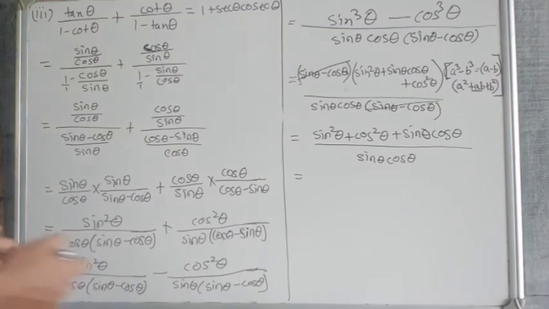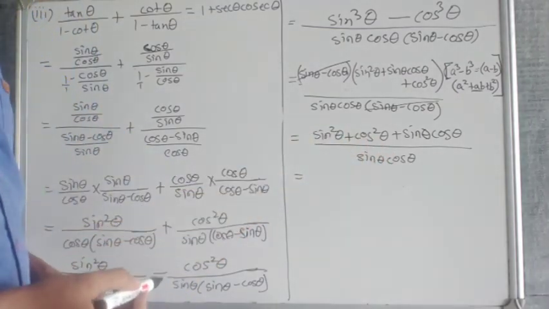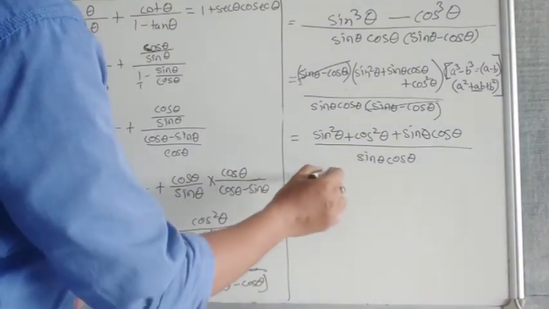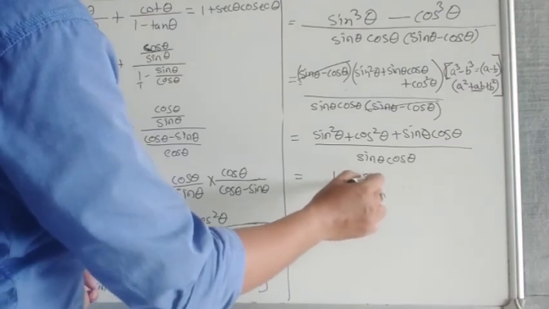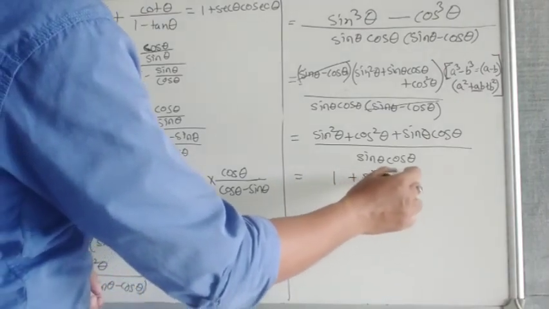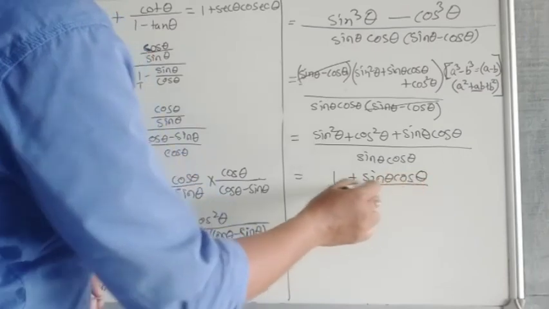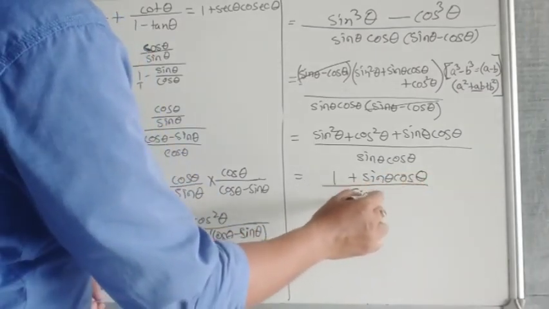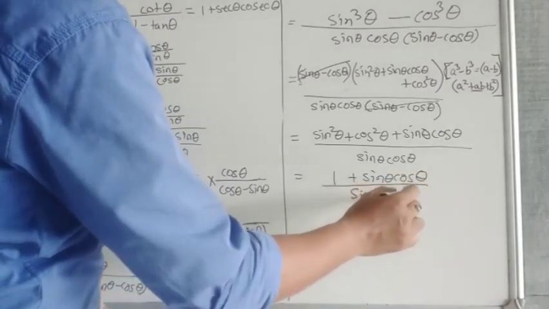Now this sin square theta plus cos square theta is your formula, it is 1. So 1 plus sin theta cos theta by sin theta cos theta.